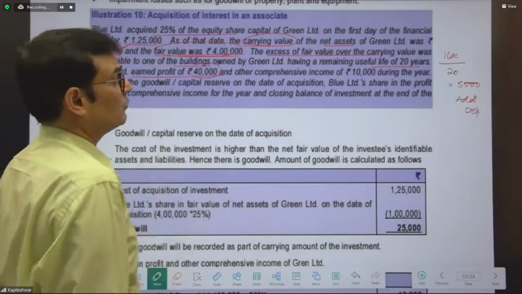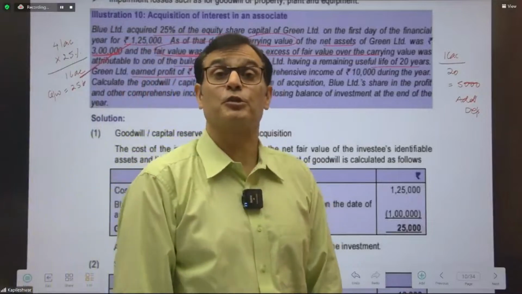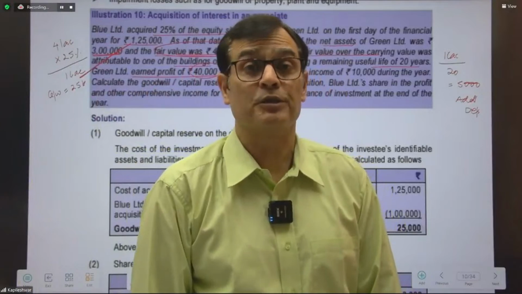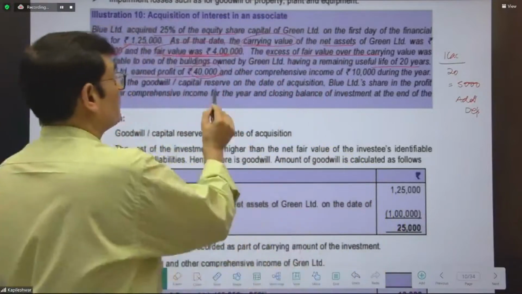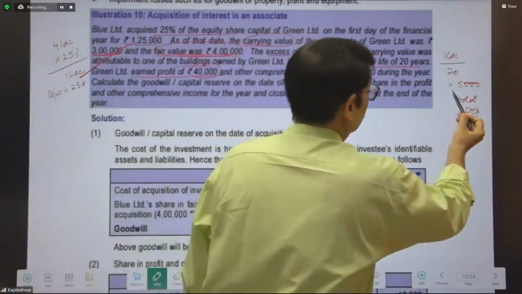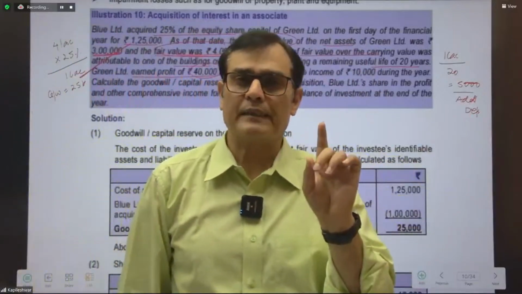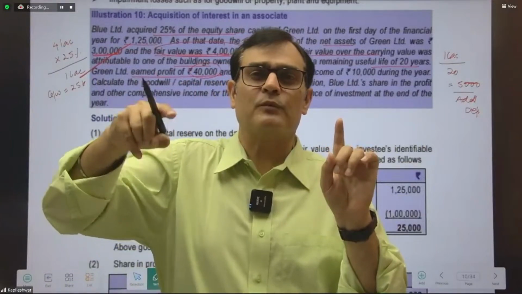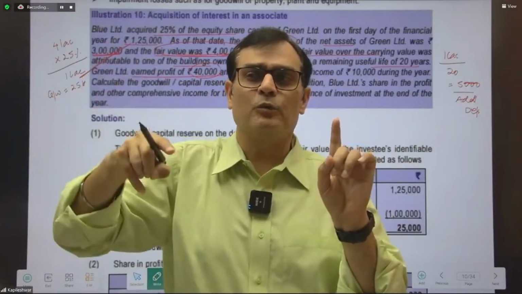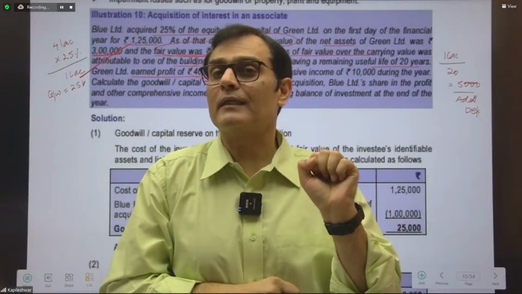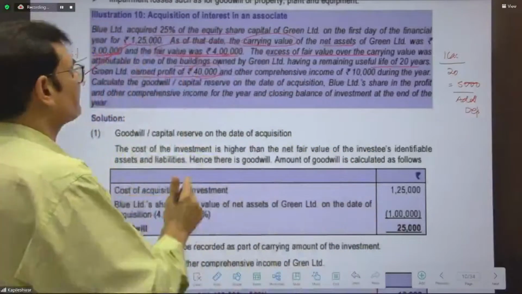This is a profit after considering depreciation on 3 lakh. But we need a profit which is after considering depreciation on 4 lakh. So we will take the profit not as 40, but as 35. Remember, this is one important thing: when you consider the post-acquisition profits, you need to rectify them on account of any additional or excess depreciation.